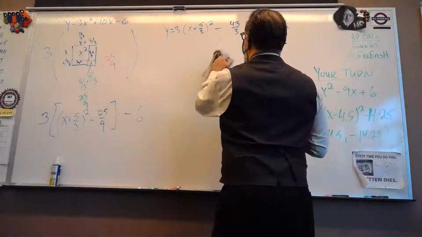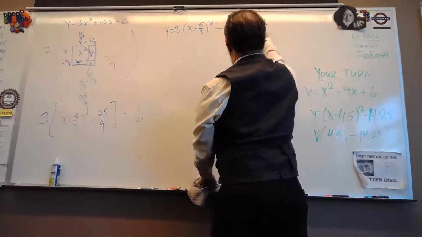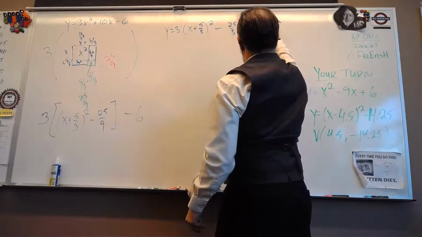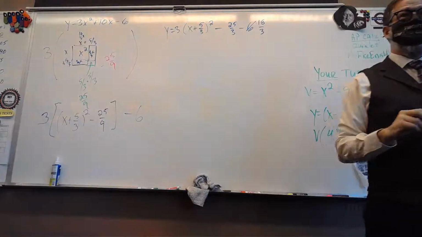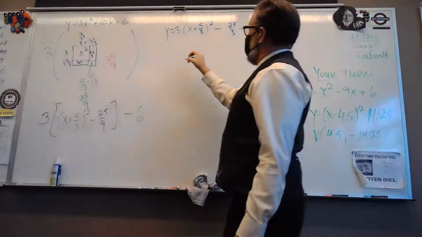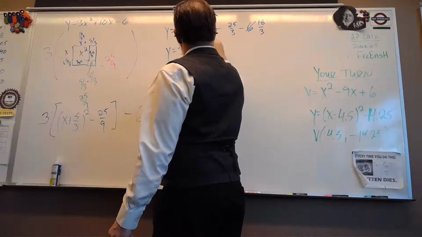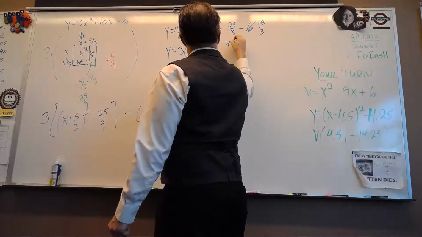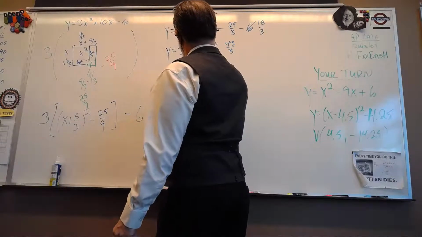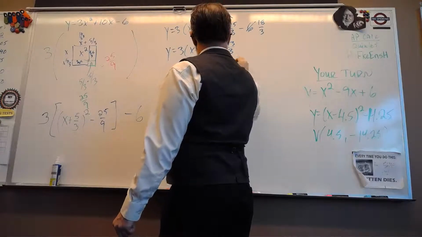Should I back up? Yeah. y equals 3 times x plus 5/3 squared minus 43/3, which means that my vertex is at negative 5/3 comma negative 43/3.